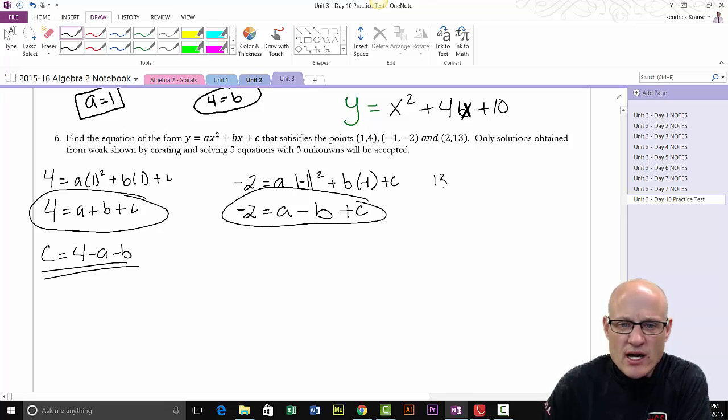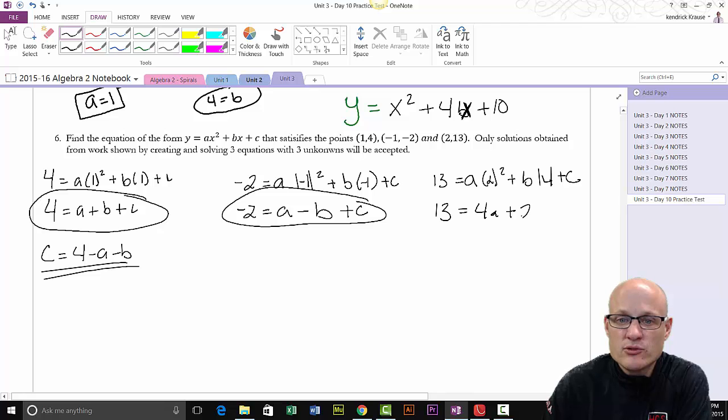And type in 13 for y, and in for x goes 2, so a times 2 squared plus b times 2 plus c. So this is 13 equals 4a plus 2b plus c.